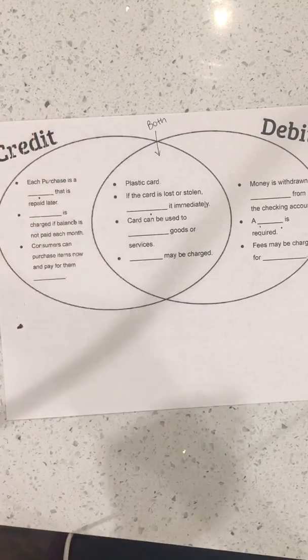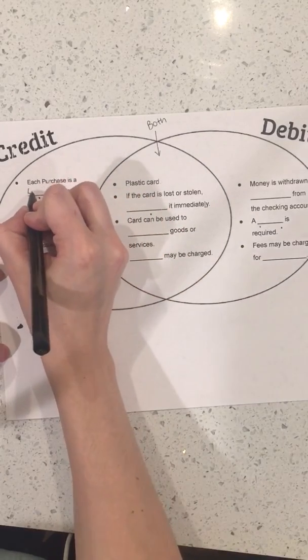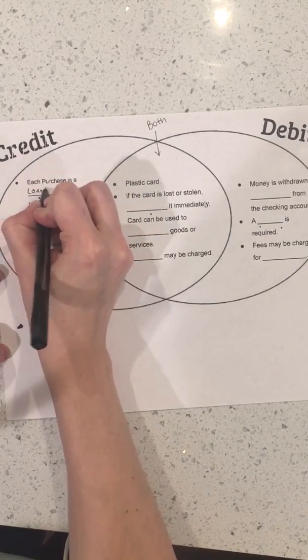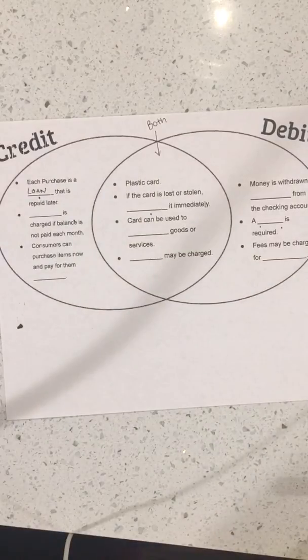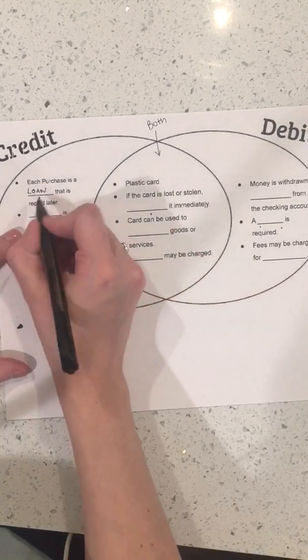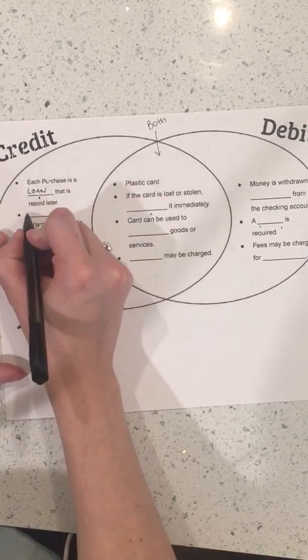For a credit card, each purchase is a loan that is repaid later. So you can purchase something without actually having the money at that time, but you do have to pay that person back, okay? The second thing is that if you use that loan, there's going to be interest.